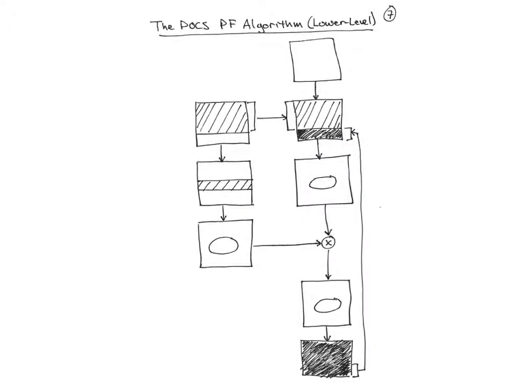So here's a flow graph of the algorithm at a lower level. Note that it's iterative, so it keeps looping back over and over again. And that loop back specifically happens right here. So you start with an image of zeros, and then you take the original acquired data set, where the shaded region is the original acquired data.